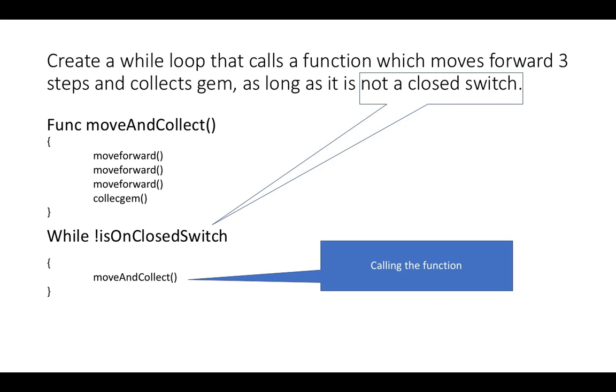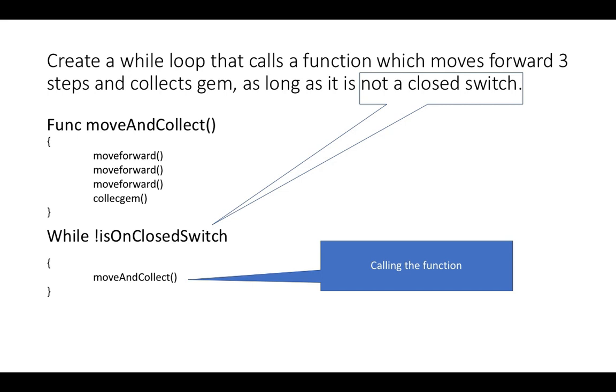We don't know. This will happen as long as the while condition is true. The while condition is: not on a closed switch. So as long as it is not on the closed switch, it keeps on calling the function, 4 times, 5 times, 6 times.